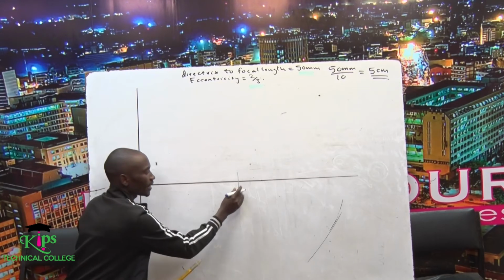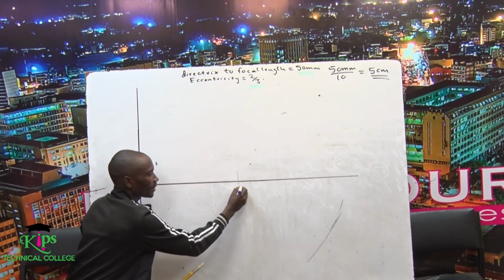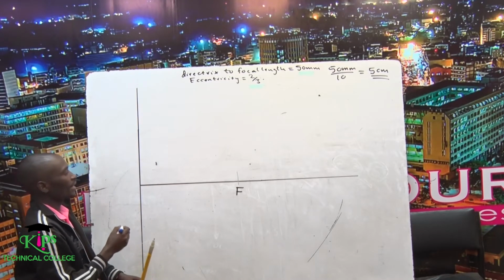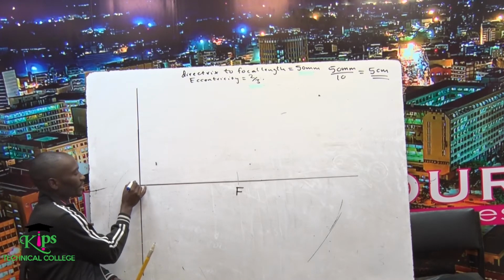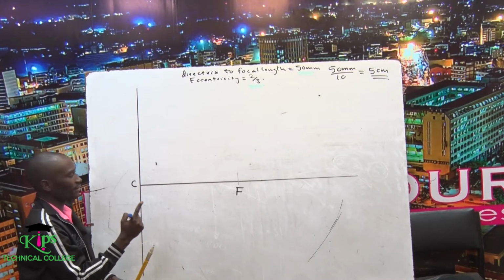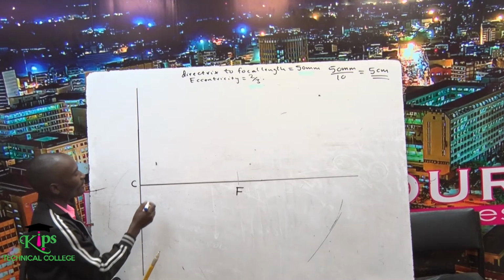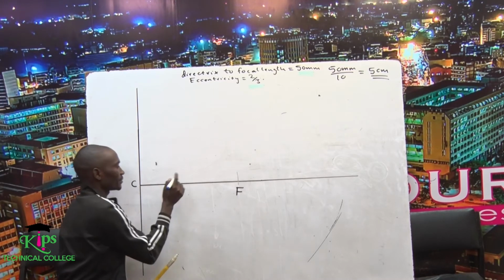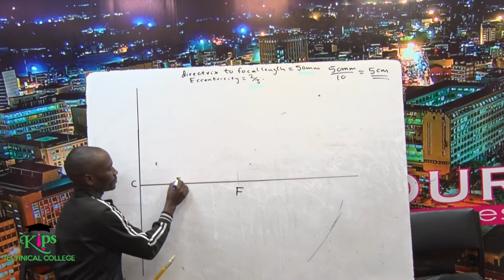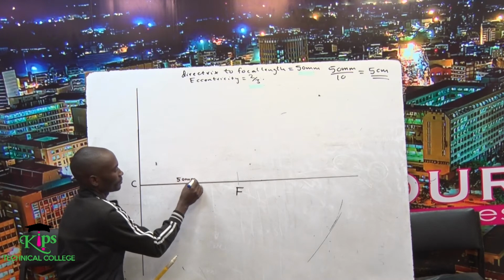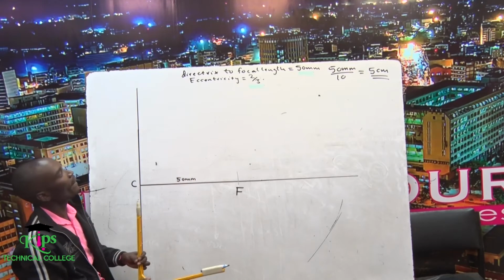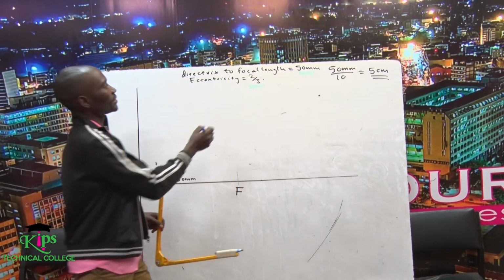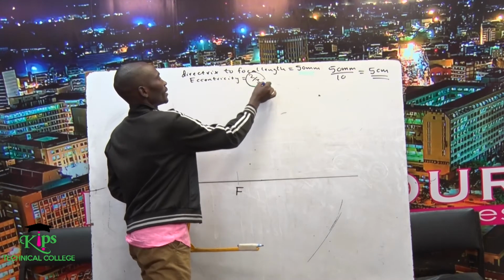So this is the focal length, which is F. That one abbreviates the focal length. This one abbreviates the center of curvature. Now, this is the 50 millimeters from C to F. Then you have been given the eccentricity as 2/3.